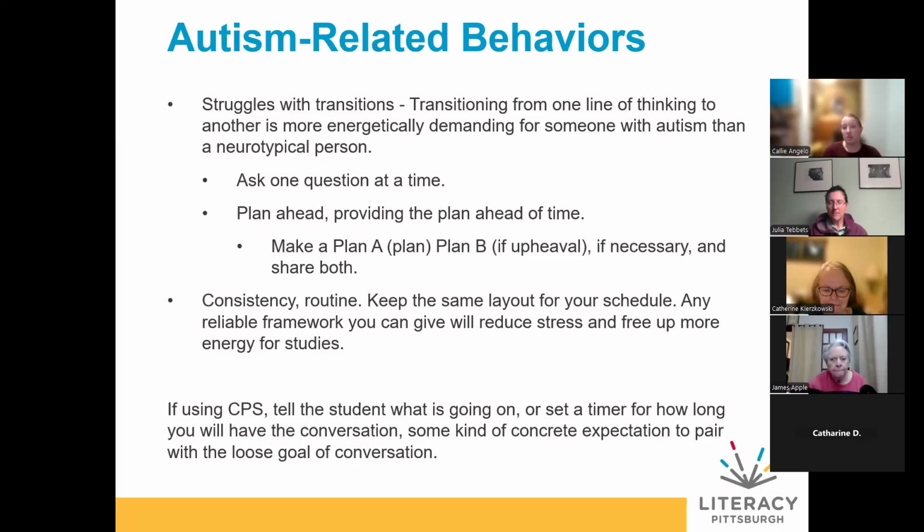As another note, when you are using CPS with a student with autism, try to tell the student in advance what is going on, or give some other concrete expectation for what you're asking. You can set a timer for how long the conversation is planned for. You can set a certain number of questions that you're going to ask.